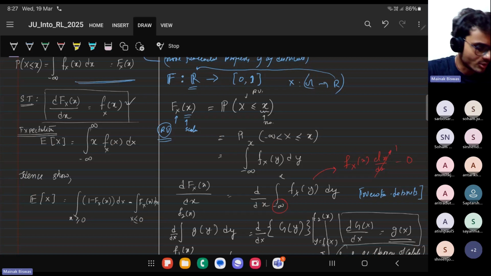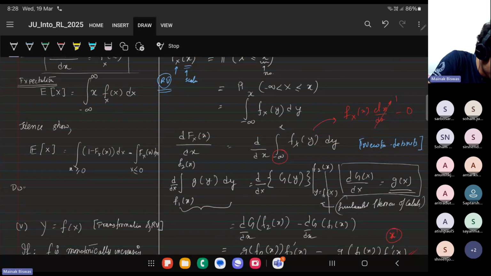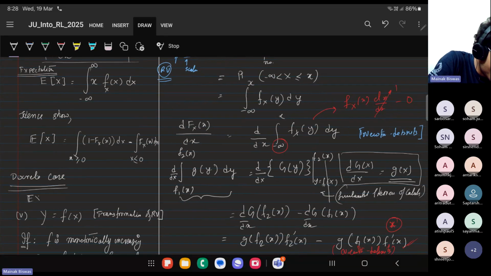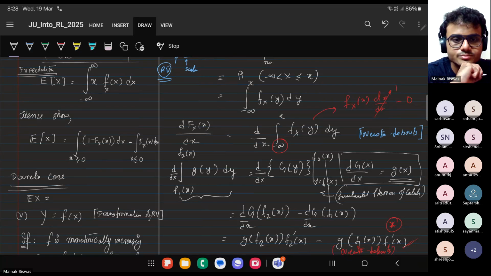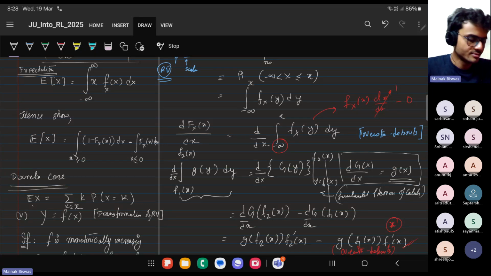Do you recall what was the definition of expectation of a random variable in the discrete case? The summation of x times f capital X of x, where capital X equals x, or k, right? So all the values of the random variable, because we proved it by taking a sequence.